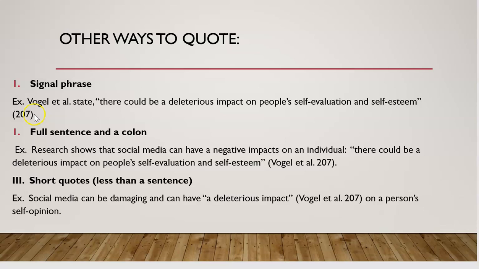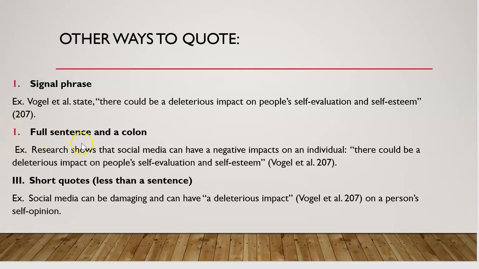So that's called a signal phrase, and then you include your page number at the end of the quotation. That's best for research papers because you want to highlight the research that you're doing and introduce your sources, and it gives credibility to your writing if you can introduce all of the research that you've done for the paper. So this one is really important to learn how to do.